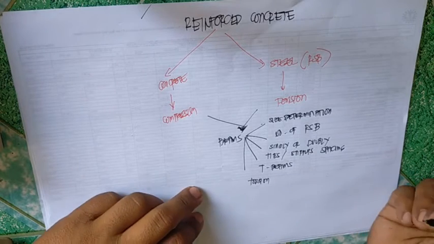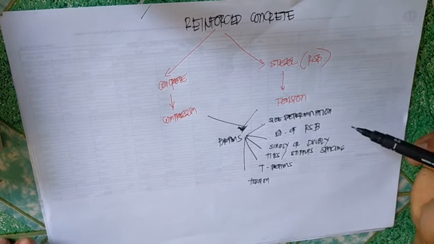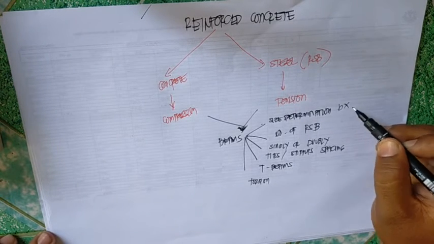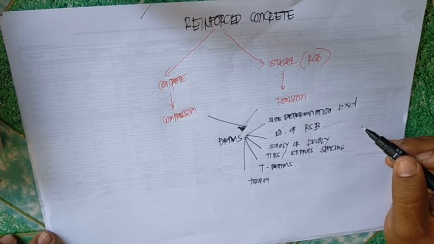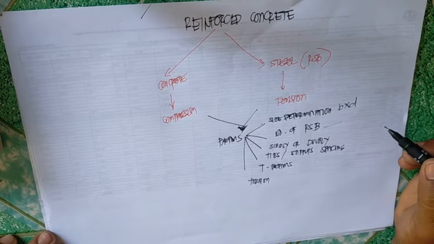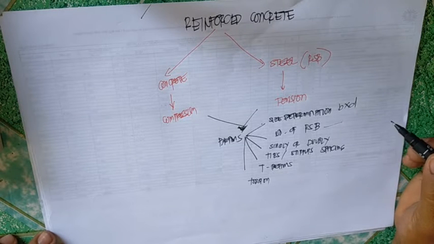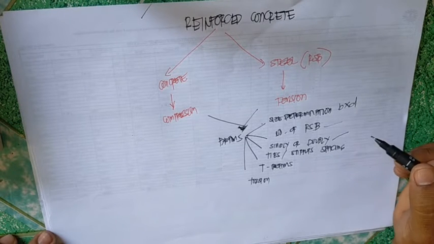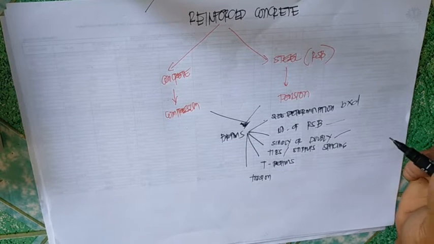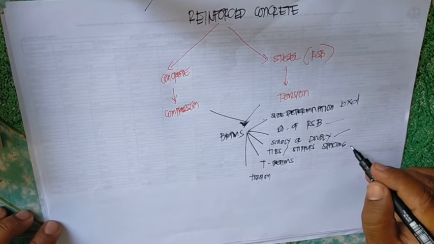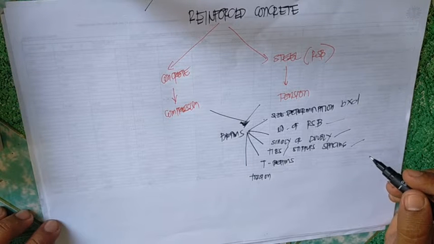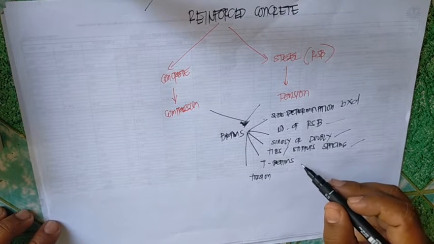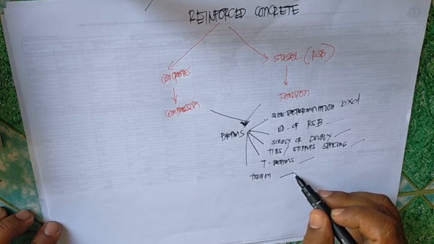So for beams we can determine the size, base times d, and the number of bars, how many reinforcing steel bars you need for compression and for tension. Then from that also whether it is singly or doubly. Then the stirrup spacing, which is under the shear reinforcement. Then we have also T-beams and torsion.